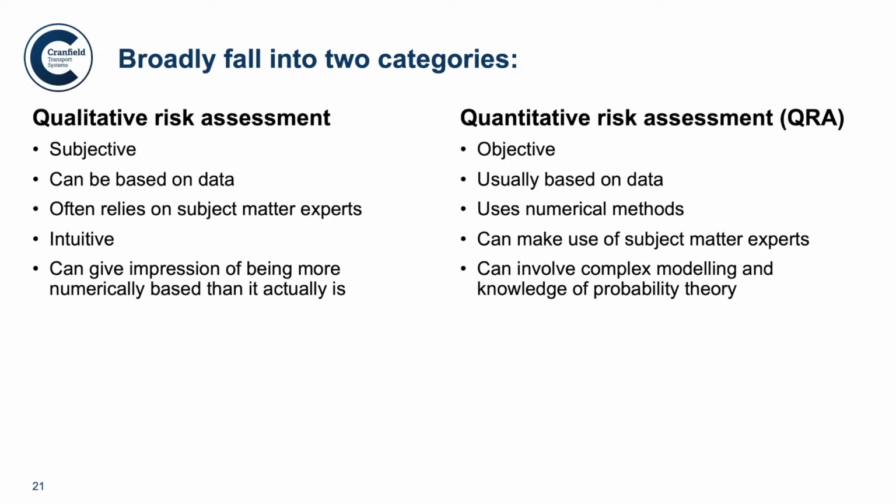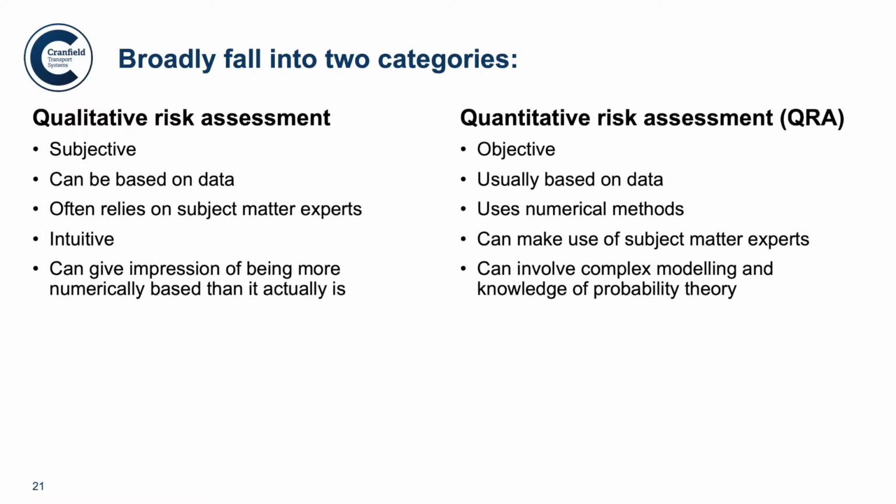And that probably goes some way to explaining why in some areas of aviation, such as in the domain of airline operations, we tend to focus nearly always on qualitative risk assessment rather than quantitative risk assessment, because it's easier to do. We don't require specialist knowledge.